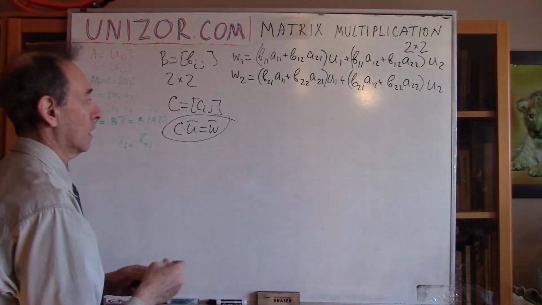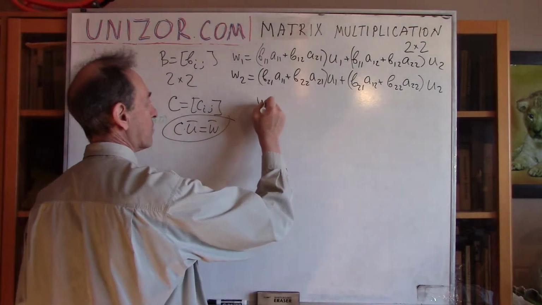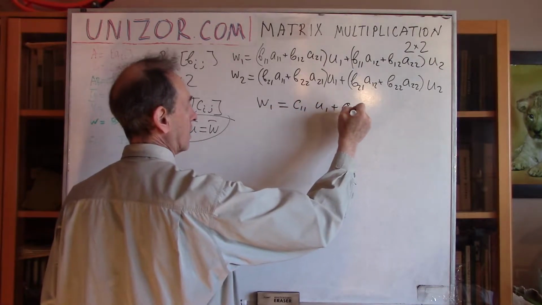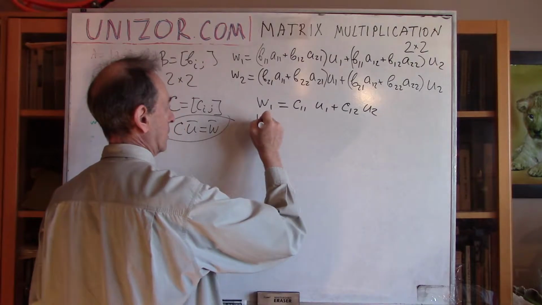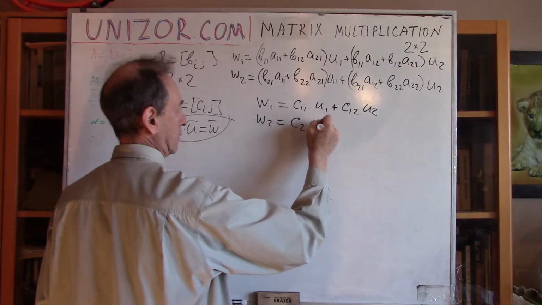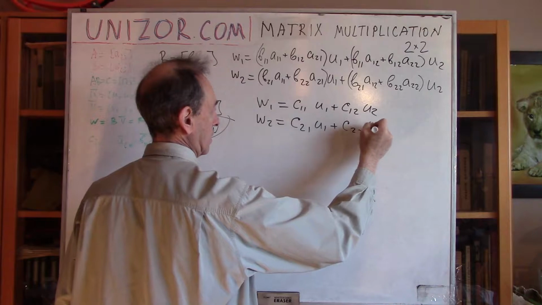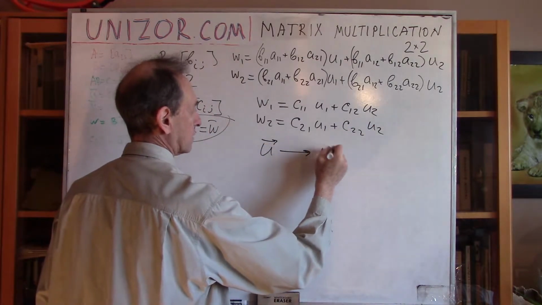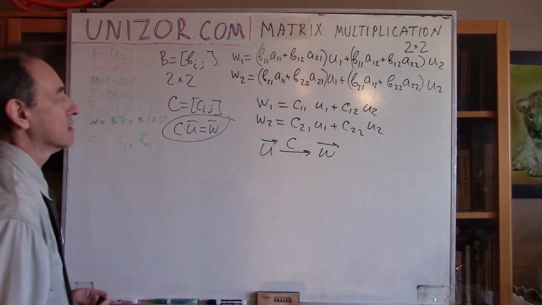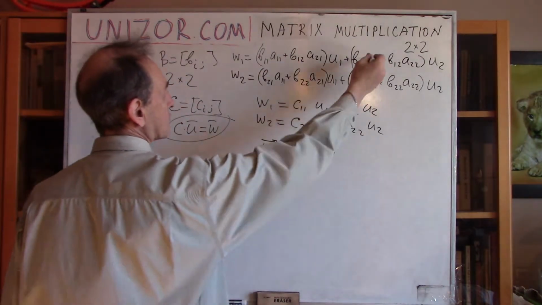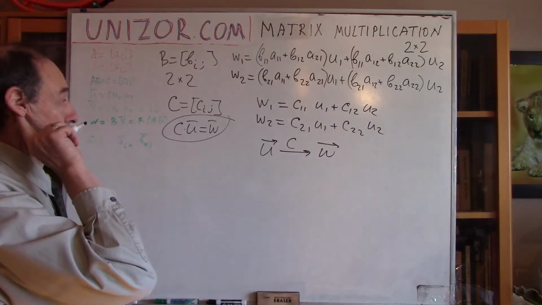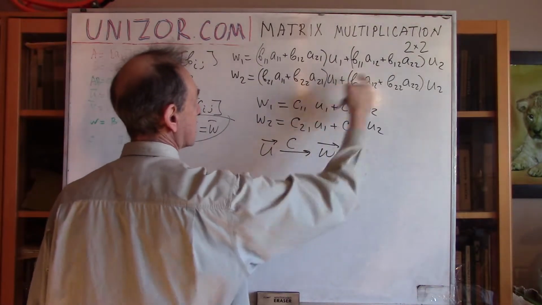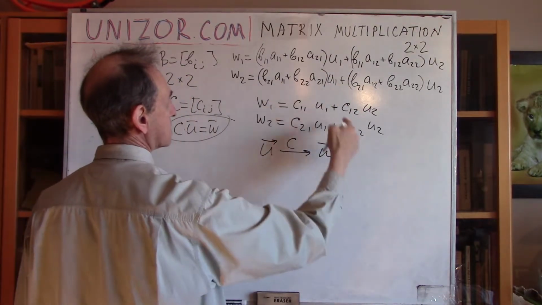So if I'm looking for a transformation from vector u to vector w with some matrix C, then these are my coefficients, right? I already expressed it this way. So C11 is this, C12 is this, C21 is this, and C22 is this.